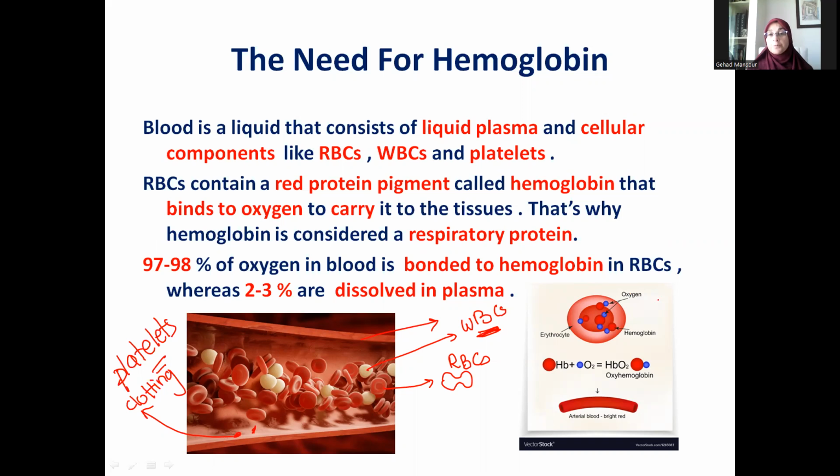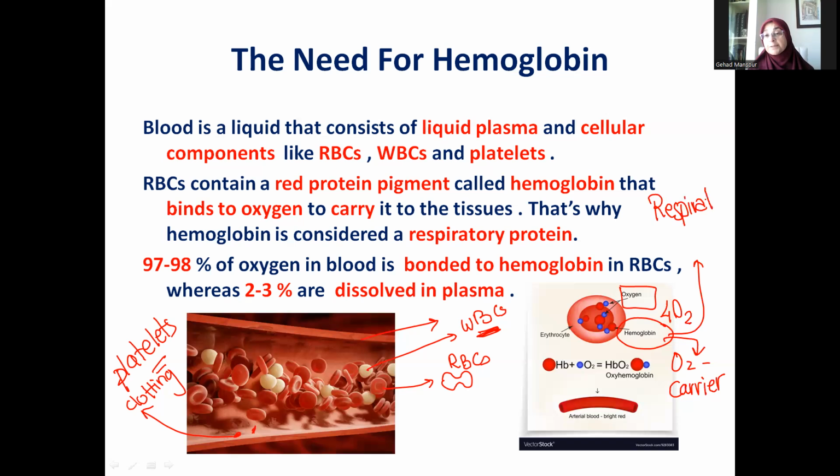Actually, the red blood corpuscles are red because they contain a molecule, a pigment that is called hemoglobin. And since hemoglobin can bind with oxygen, every hemoglobin molecule can bind with 4 molecules of oxygen, then we call hemoglobin an oxygen carrier. But meanwhile, we can also call hemoglobin a respiratory pigment.